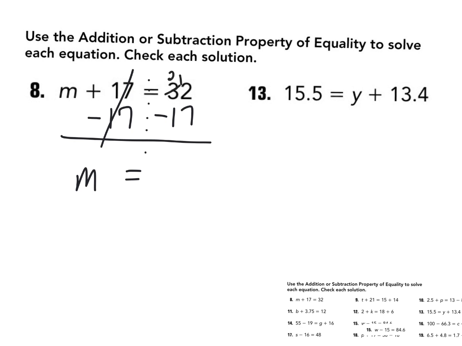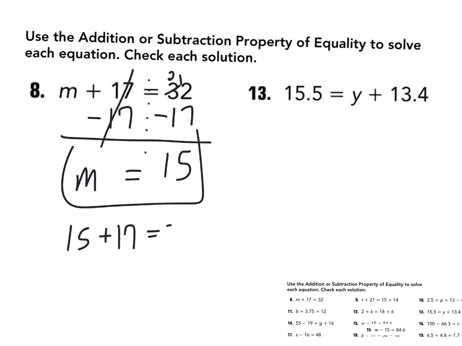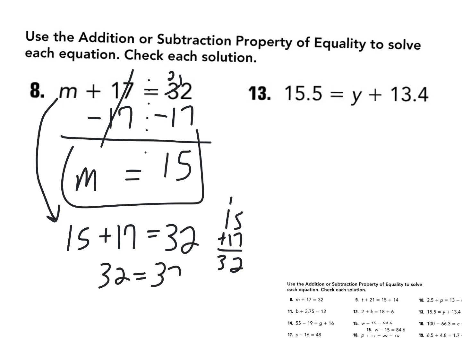And when you subtract that, you should get 15. So m equals 15. If you have time, you can go back and check your solution by substituting it back into the original equation. And when you add those, 15 plus 17, you'll get 32. Then we know we've got the right answer.